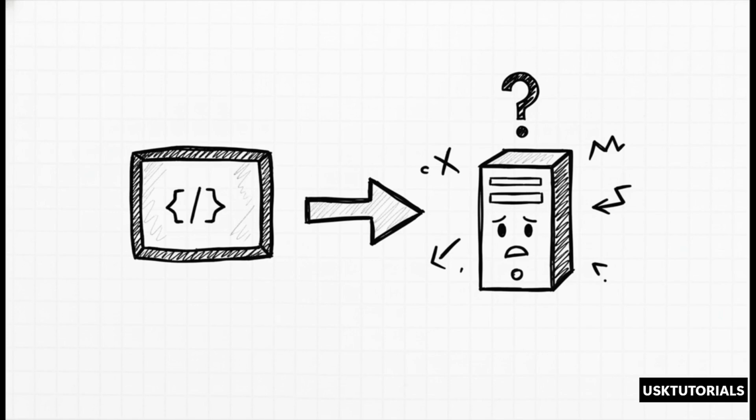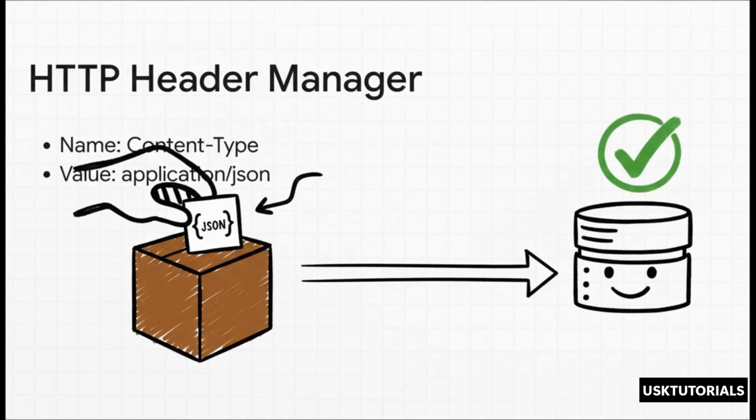The server needs to know what to expect. So we have to add a header. We use an HTTP header manager to add a Content-Type header with the value application/json. This is basically like putting a label on a package that says, hey, this box contains JSON. Seriously, without this, a lot of modern APIs will just reject the request outright.